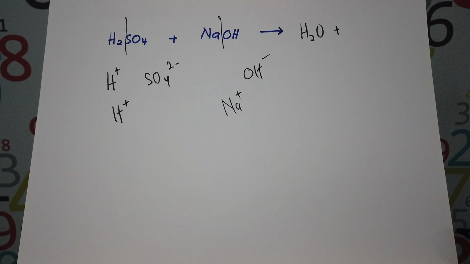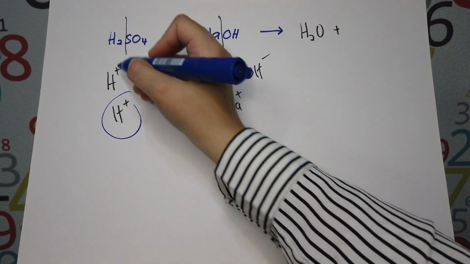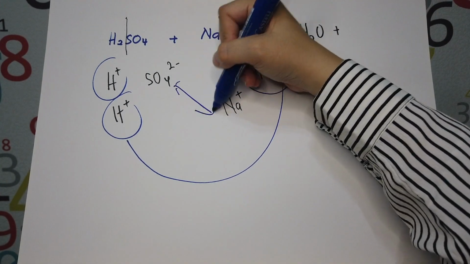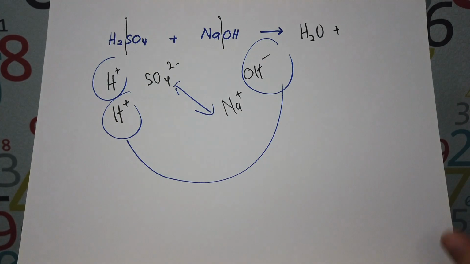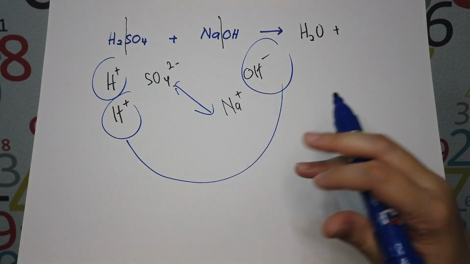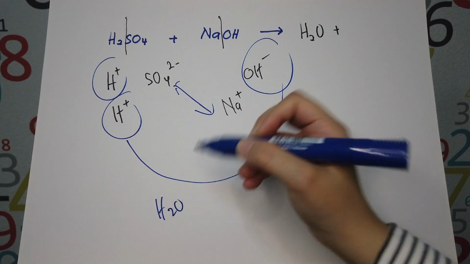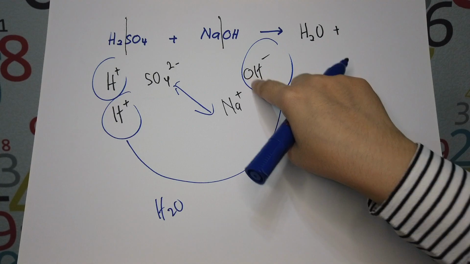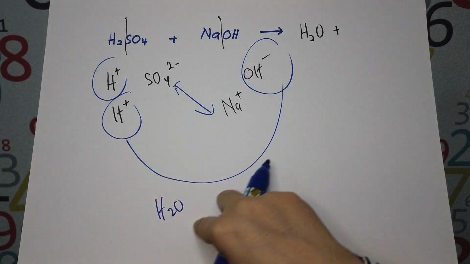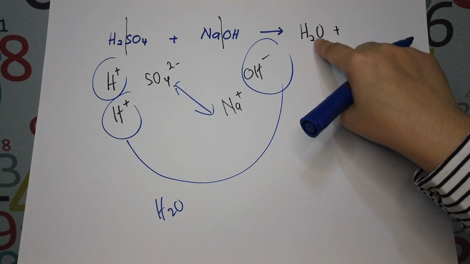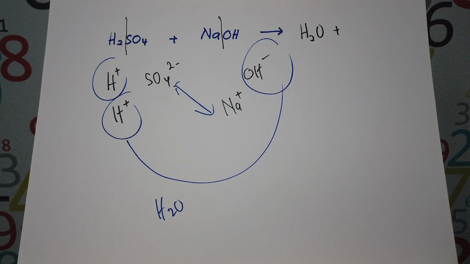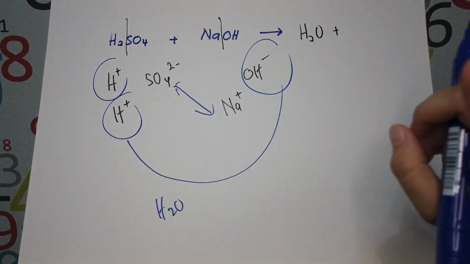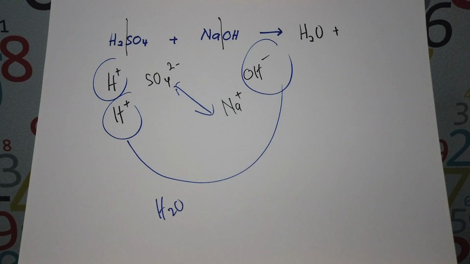Since you are going to form water, H2O, the H will be attracted to the OH and merge together. But now, how many H do you have? 1, 2, 3. You have 3 H and 1 O, right? So when you create H2O, you have 1 extra hydrogen from this equation. Just bear that in mind first.